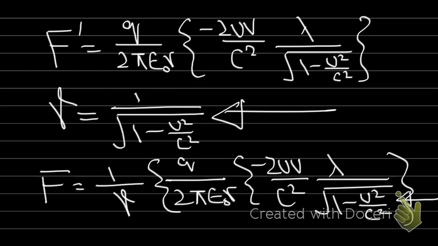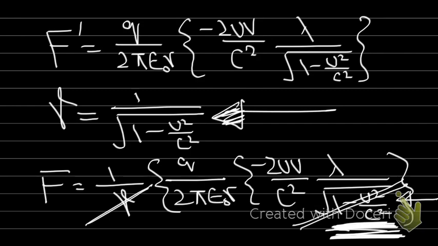So gamma would cancel out with this term, because this term is in the denominator and your gamma is the inverse of this term. If it cancels out, all we are left with is q over 2 pi epsilon naught r times negative 2 uv over c squared times lambda. Let me write that down now.